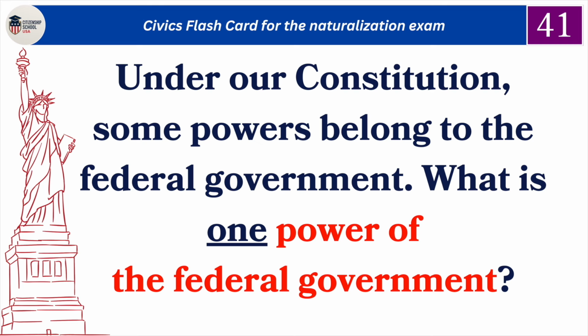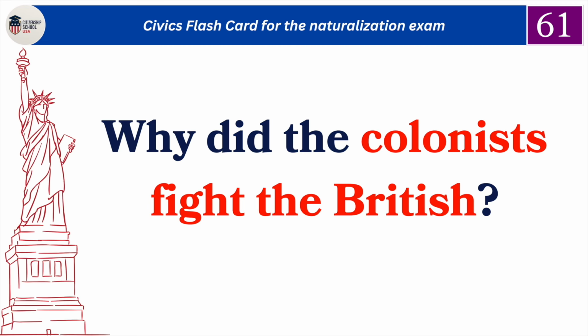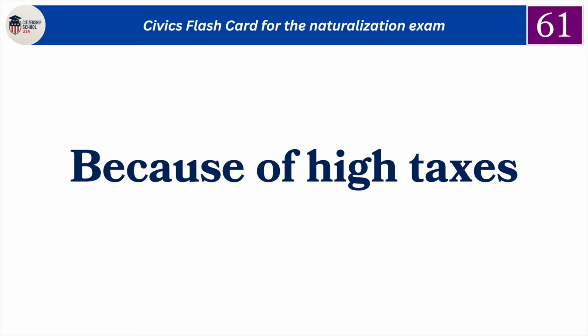What is one power of the federal government? To print money. Why did the colonists fight the British? Because of high taxes.